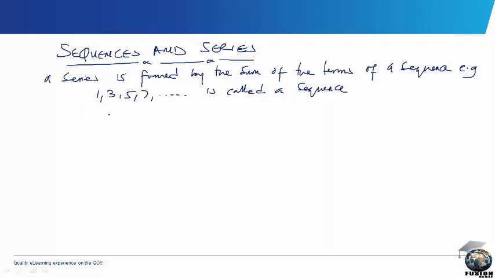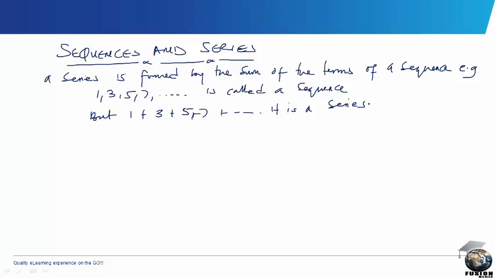They are well defined, but when we add them, 1 plus 3 plus 5 plus 7, and so on, it is called a series.